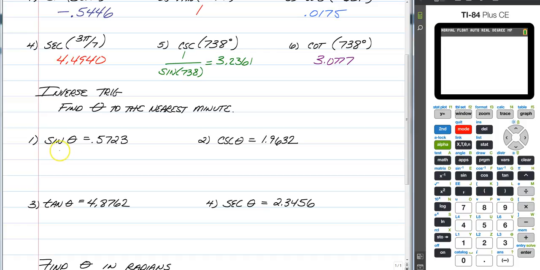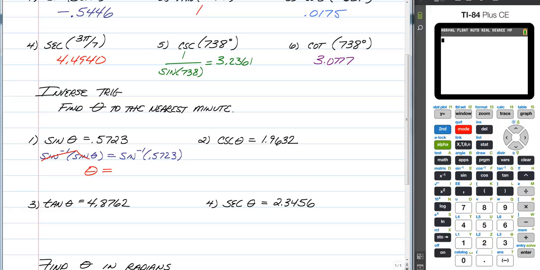So what we are actually doing here is we are taking the inverse sine, which is sine to the -1 notation, of the sine of theta, that's equal to the sine inverse of 0.5723. And what is happening here is sine -1 is going to cancel your sine, leaving you with theta is equal to the inverse sine of 0.5723.